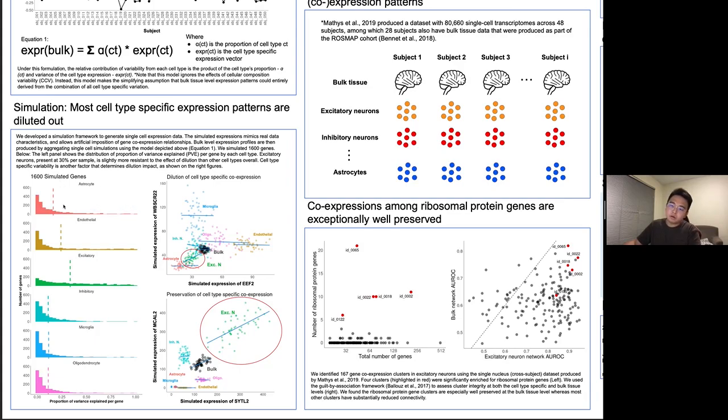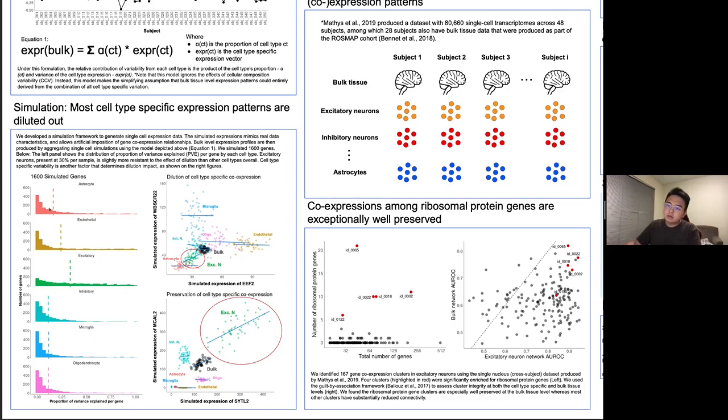You do have a lot of genes clustered at the left hand side here where most of the cell type specific signals are lost, and this is true for most cell types. Excited neurons is a little bit different because it is the most abundant cell type, but still there's substantial reduction in the cell type specific expression patterns that make it through to the bulk tissue level.